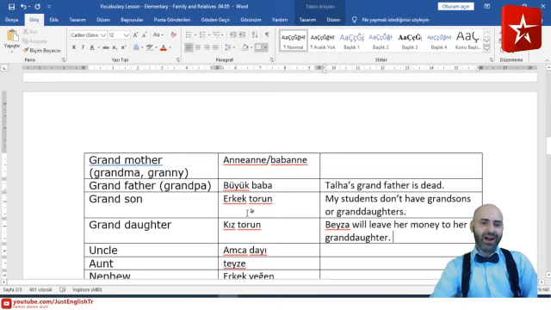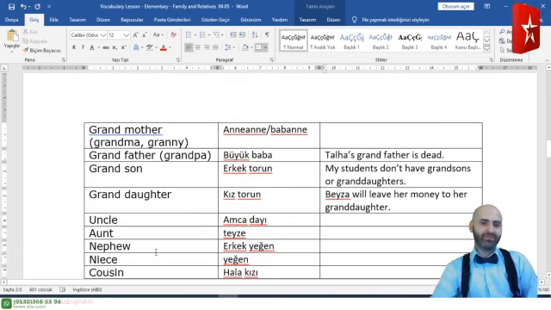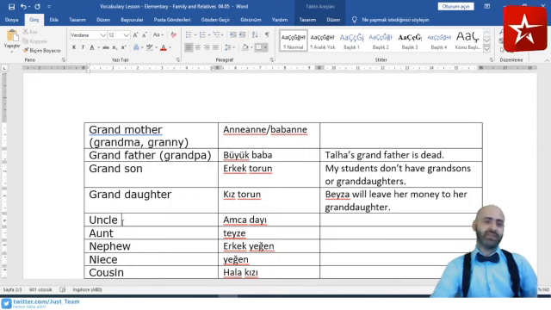Now, for uncle, in Turkish you have two different words, but in English they are the same, no difference. So, uncle is a man relative. This can be your mother's brother, your father's brother, or your mother's cousin, or your father's cousin, or also your mother's sister's husband.